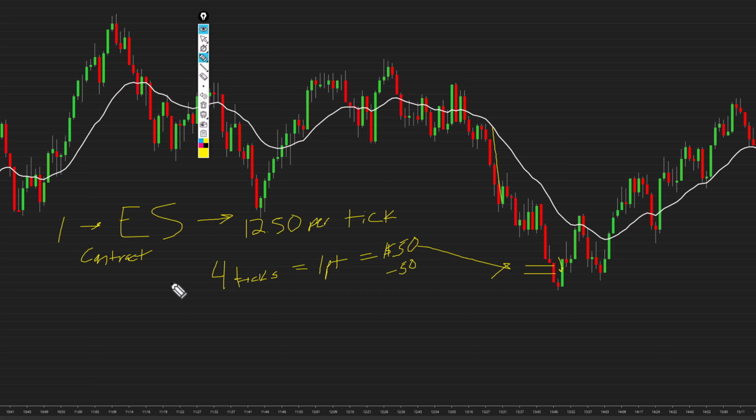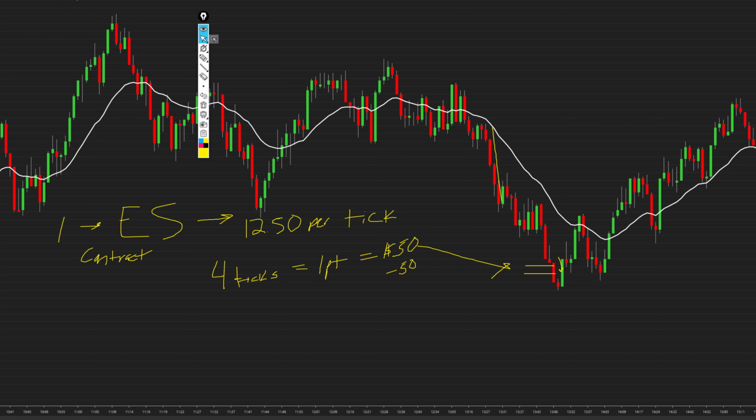But basically, a futures contract is you're buying the right to buy or sell a commodity at a certain price in the future, and you're hoping that the price is either higher or lower than what you locked it in at. That's the gist of it. But one contract pays out $12.50 per tick. There are 4 ticks in a point, and that's $50.